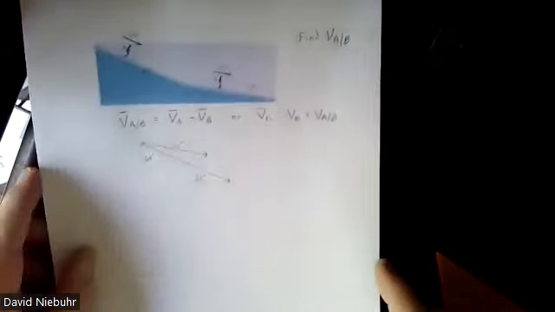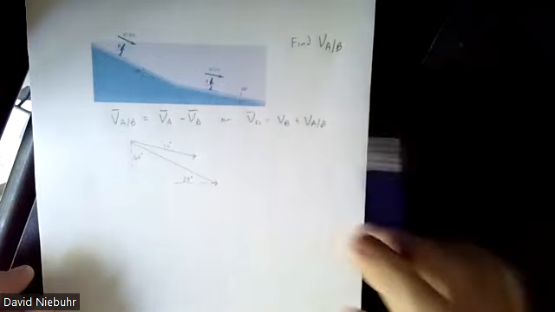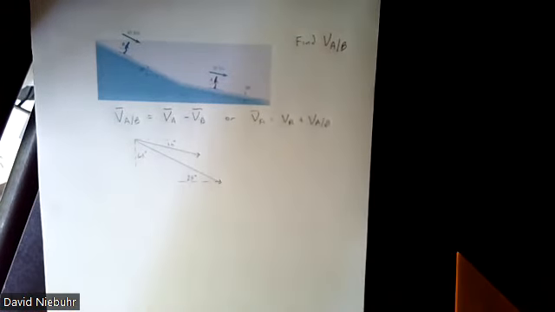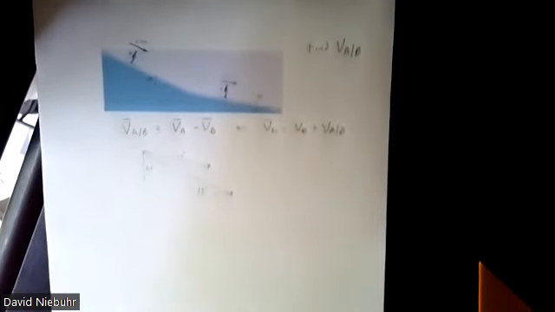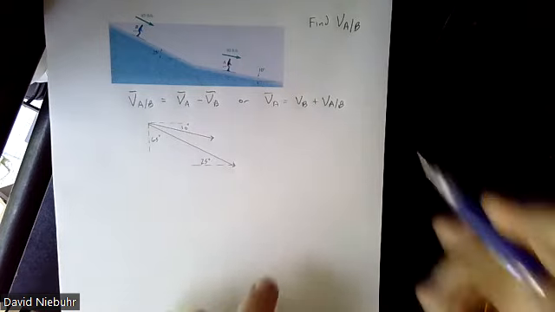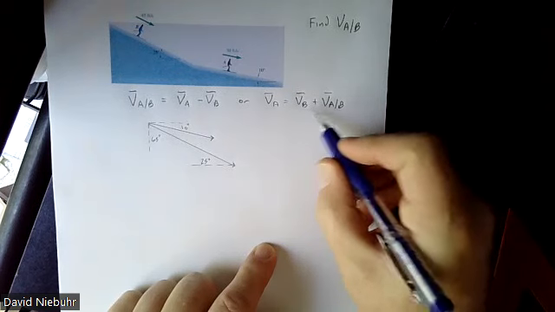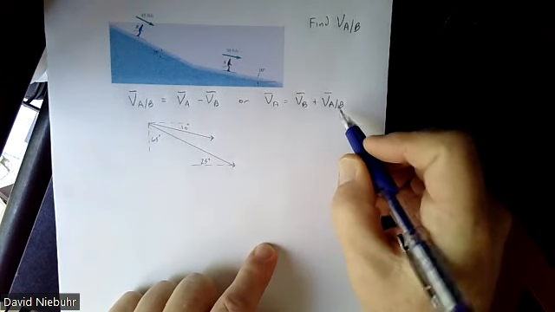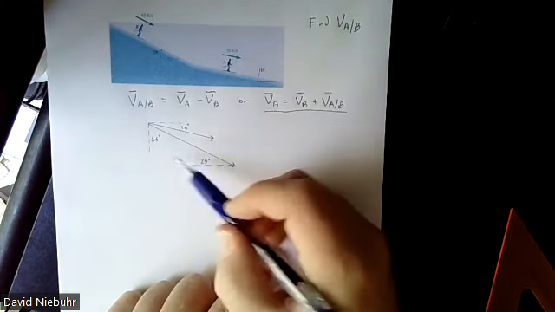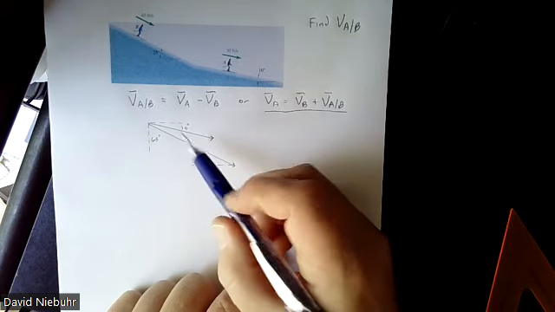So we know that the velocity of A with respect to B is equal to the velocity of A minus the velocity of B. That's a pretty standard relationship that we've been talking about for some time now. So we can rearrange that to velocity A equals velocity of B plus the velocity of A relative to B. Using this, we can draw our triangle, and this allows us to visualize what's actually going on.